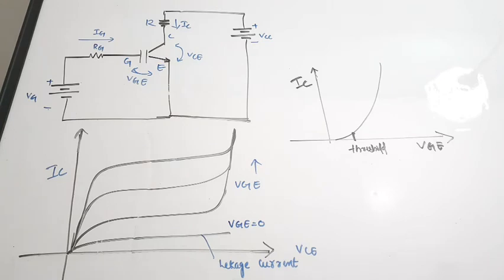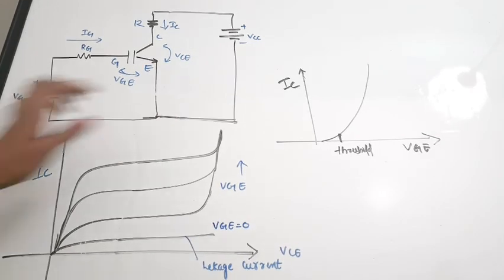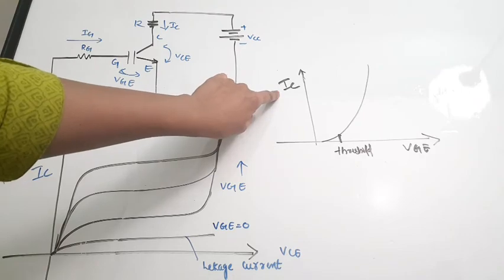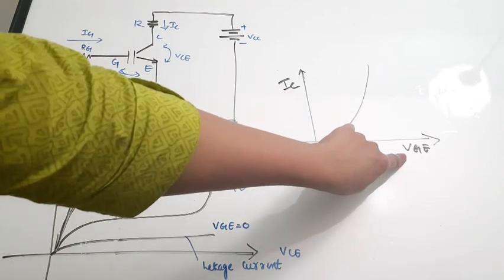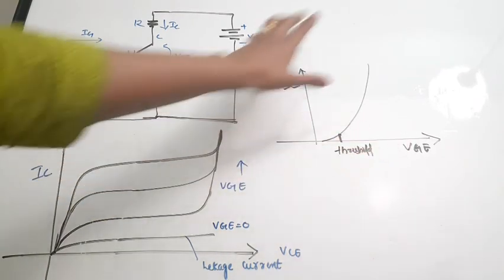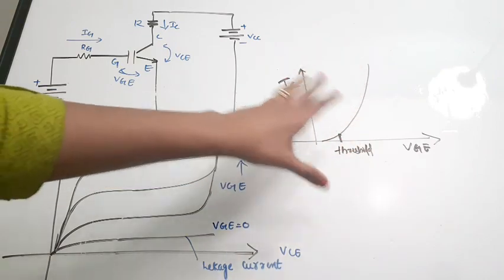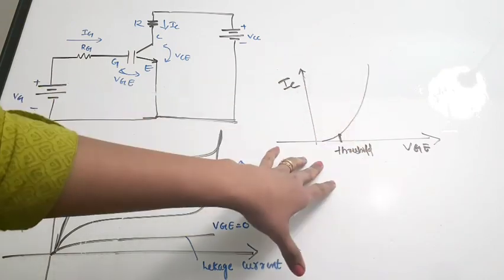Now if you draw a characteristic between the IC, that is output current, and the input voltage, that is VG, this is the transfer characteristic, and it will look like this.